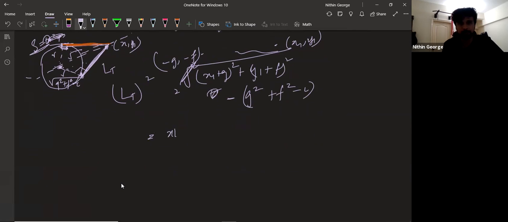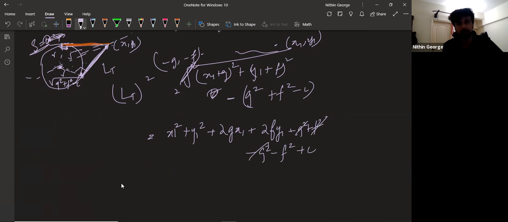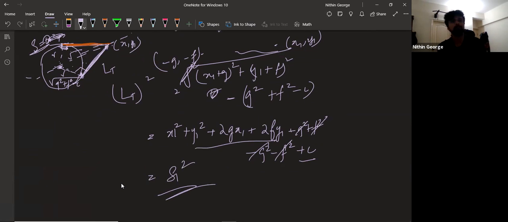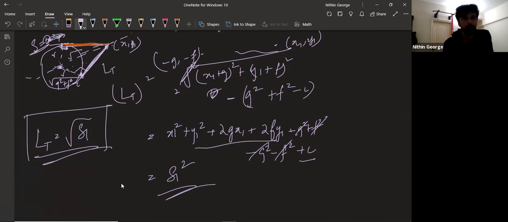This square is x1 square plus y1 square plus 2gx1 plus 2fy1 plus g square plus f square minus g square minus f square plus c. What do I get here? This is nothing but S1. So just remember this, guys. It will be true for everything. Length of tangent will be root of S1.